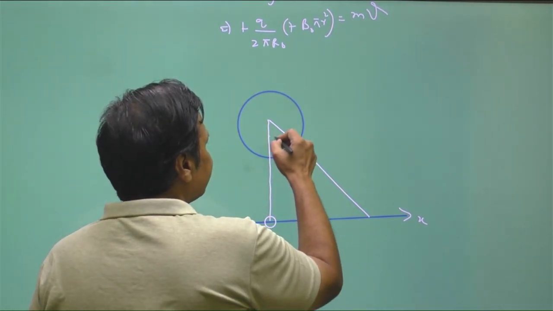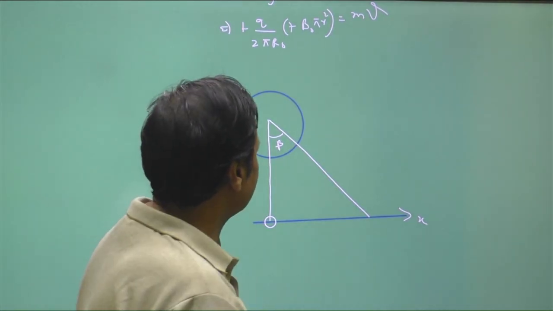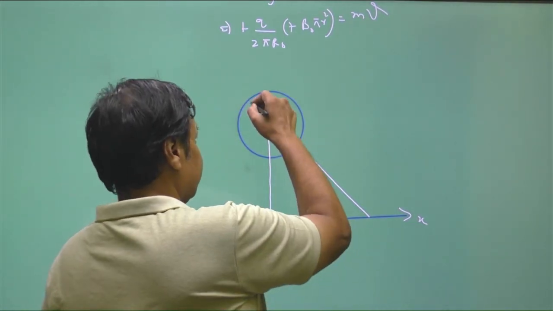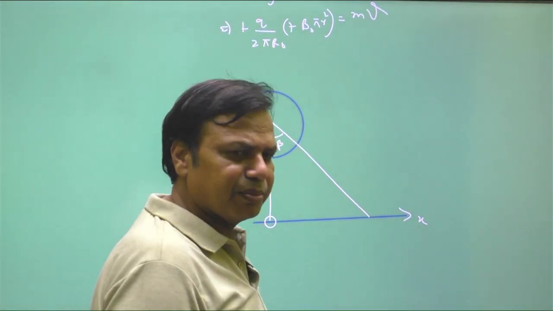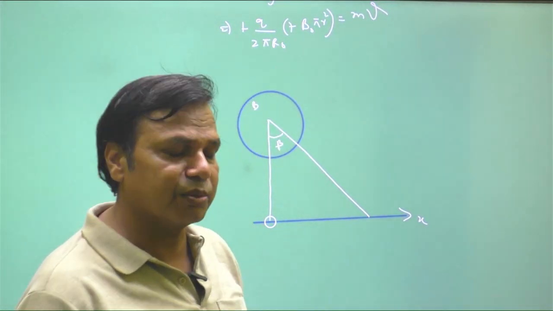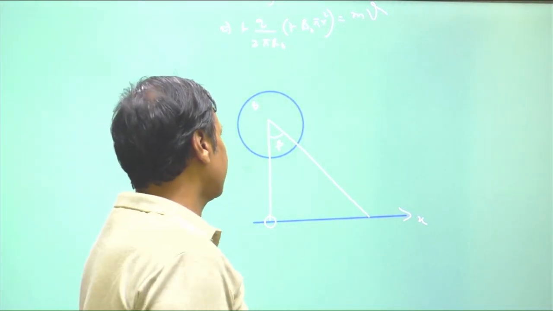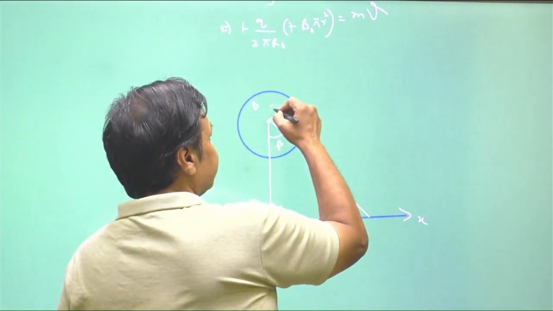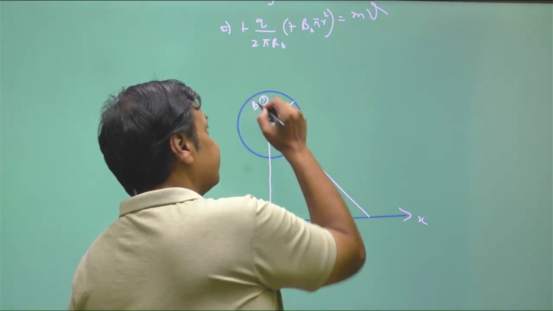So I'm going to consider some intermediate condition where this angle is beta. And the magnetic field must not be B naught, because it was B naught at the initial moment and it is continuously decreasing at a constant rate. And its radius is r.